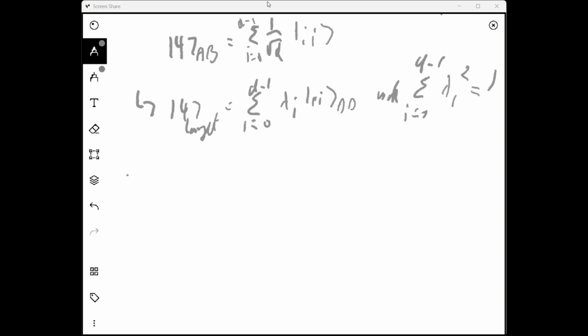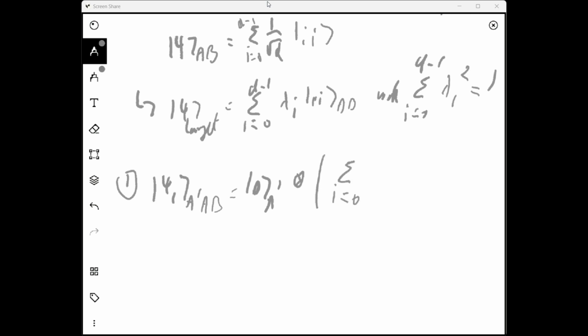And so if you apply LOCC, we first do a local operation by adding a qudit auxiliary. So basically we have phi 1 of A prime AB equal to |0⟩_A prime tensor the sum of i going from 0 to d minus 1 of the square root of lambda i |i⟩_A |i⟩_B.